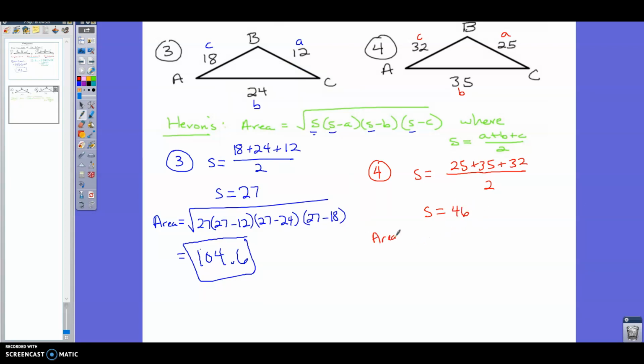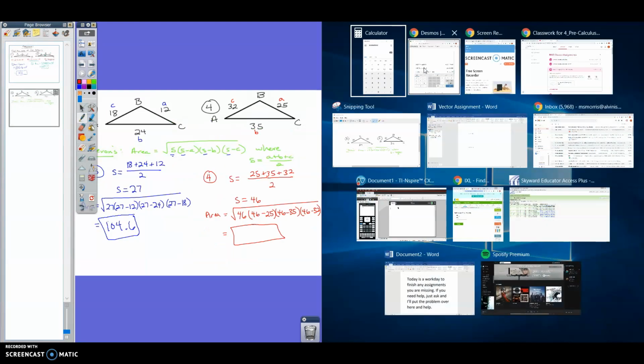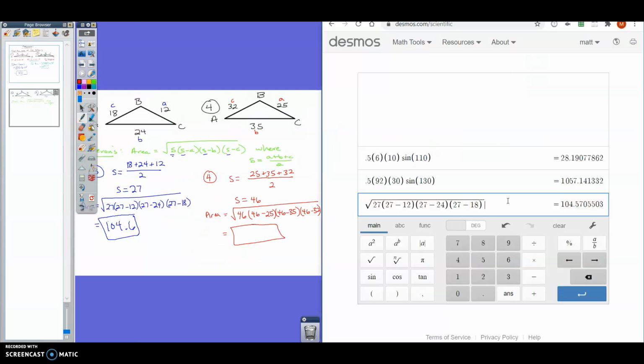Now to find the area, we're going to plug S, A, B, and C into the equation. So we have S times S minus A times S minus B times S minus C. When we type all of that in, that's going to give us our answer.